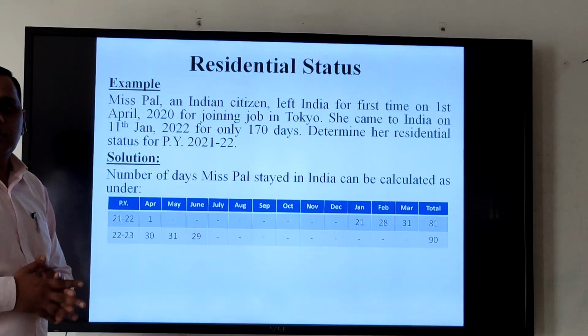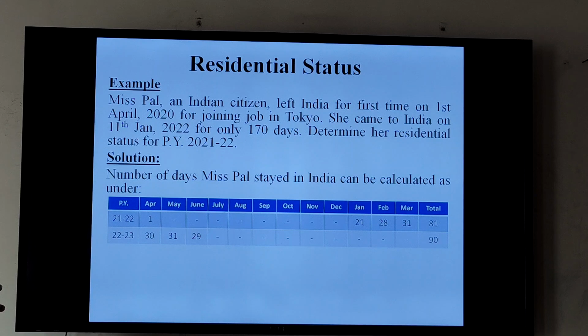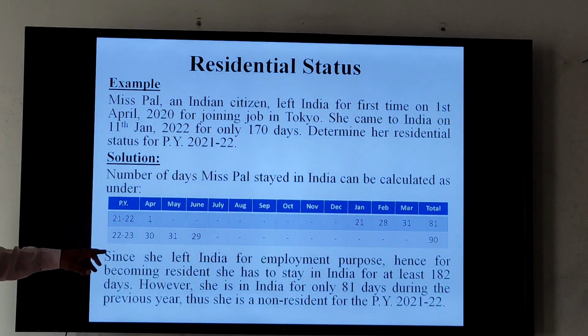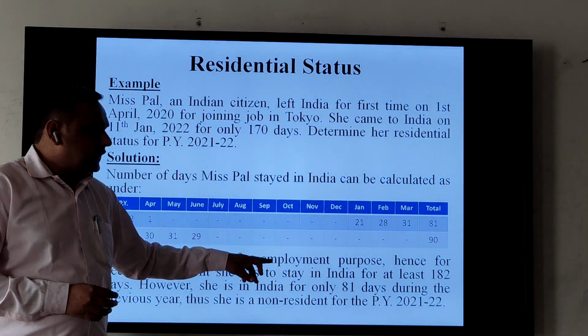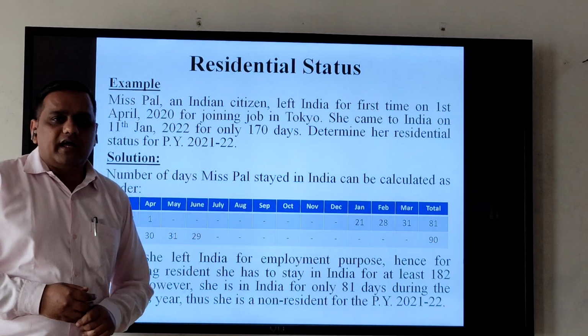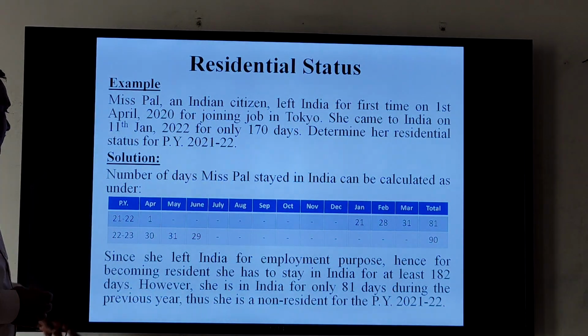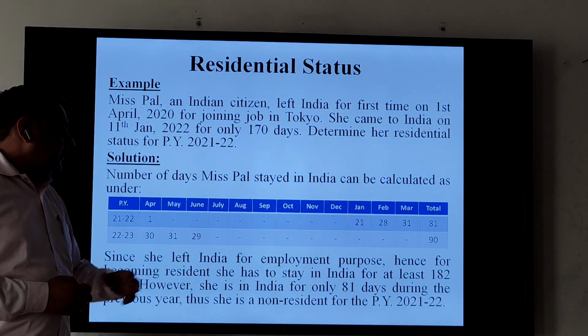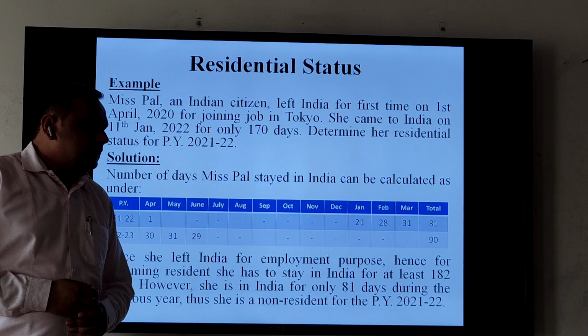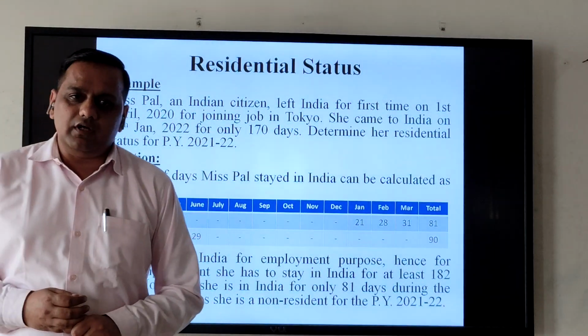Now we need to recall the basic condition and additional condition to know whether she is resident or non-resident. Since she left India for employment purposes, for becoming resident, she has to stay in India for at least 182 days. However, she was in India for 81 days only during the previous year 21-22. Thus, she is a non-resident for this particular previous year.